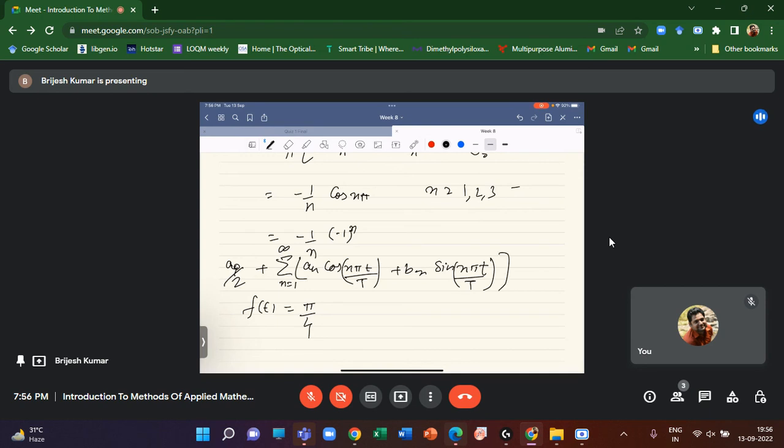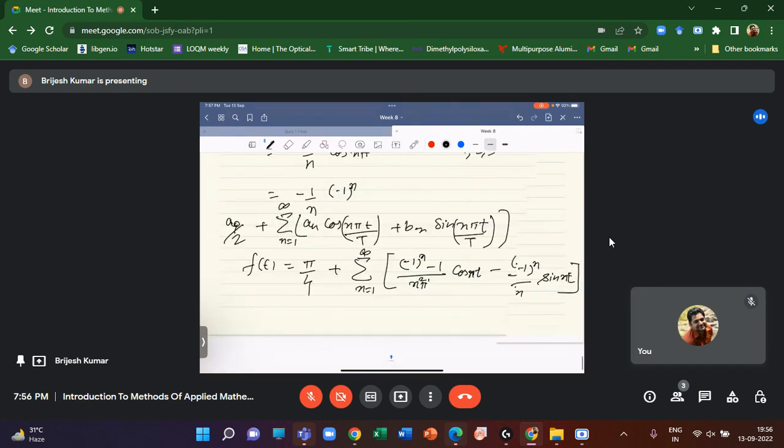So this will be pi by 4, because it comes pi by 2. Then plus summation n equal to 1 to infinity, minus 1 to the power n minus 1 upon n square pi cos n t minus minus 1 to the power n upon n sin n t.